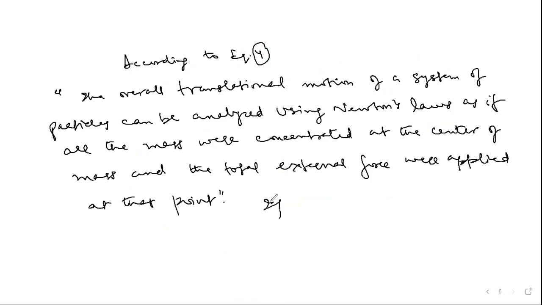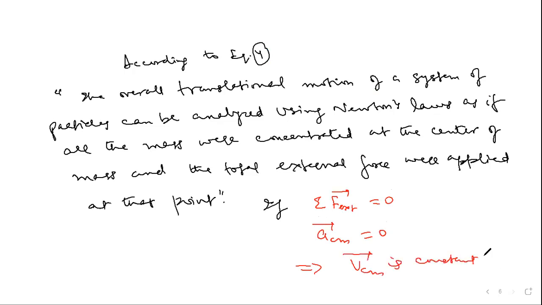And a corollary of equation 4 is, if external force on the system is 0, right, then what will happen? Acceleration of the center of mass is 0, implies velocity of center of mass is constant.